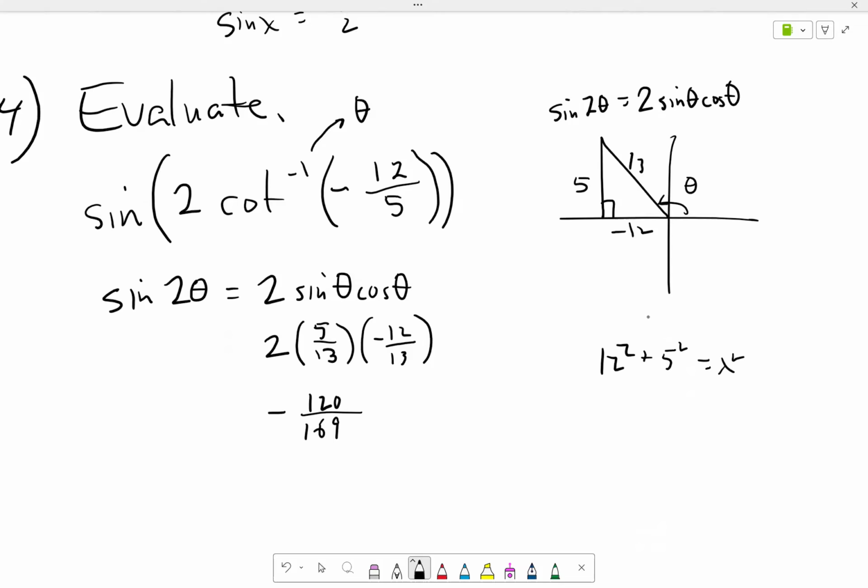Take a moment and just discuss all the Pythagorean triples that you and your partner remember.